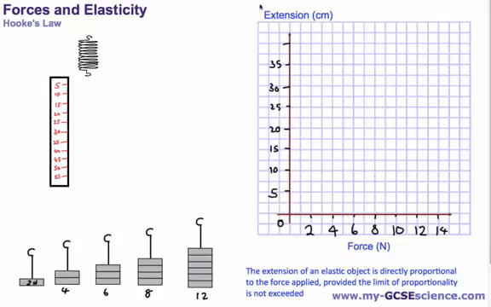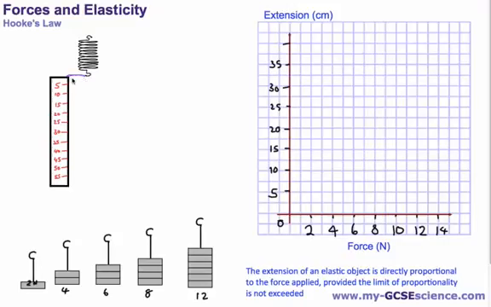So we take our first mass, which will give us a force of 2 newtons. Remember, mass and force aren't the same thing, and there's another video about that you can go and watch if you're not quite sure. We can hang it on the spring, but before we do that, we have to get our start point. It's important that we are measuring the stretch of the spring and not the length of the whole spring itself. So our start point here is 0.